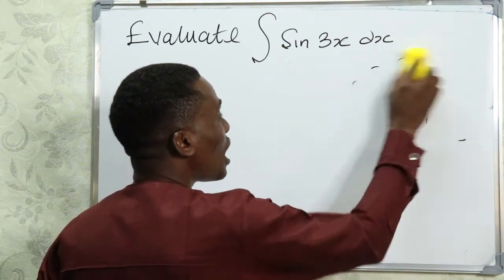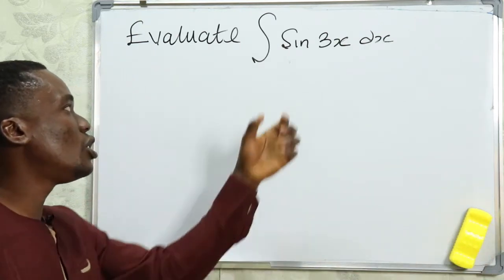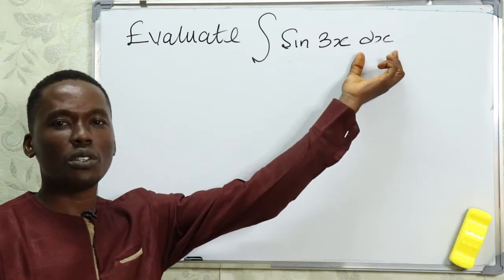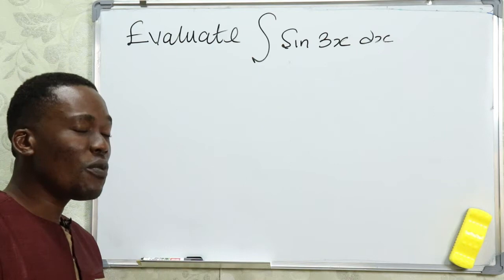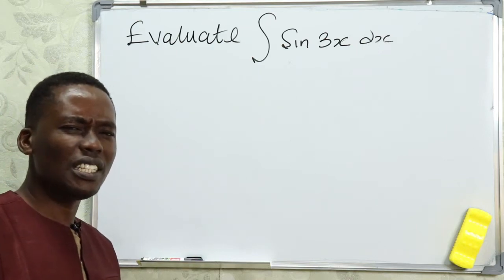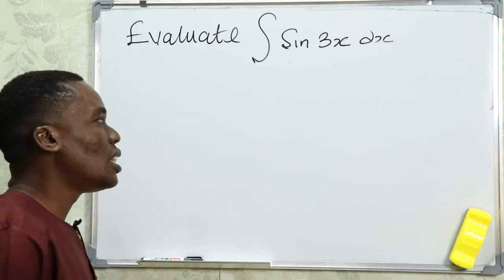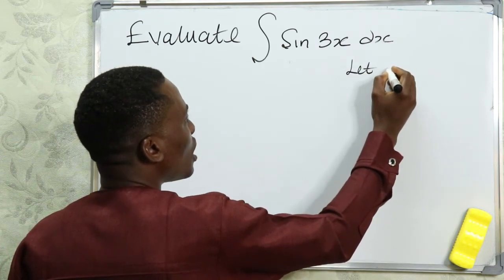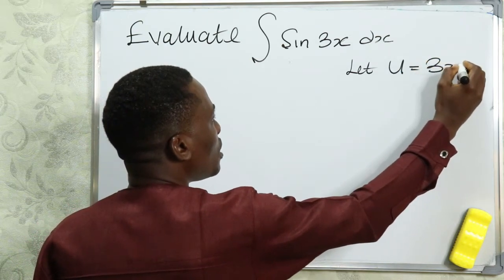Now this question has to do with you integrating sine of this value with respect to x. Now what do we need to do in this instance? If we are given a question like this, the best way to solve it is to break it down. In this question, we will let u be the value 3x.